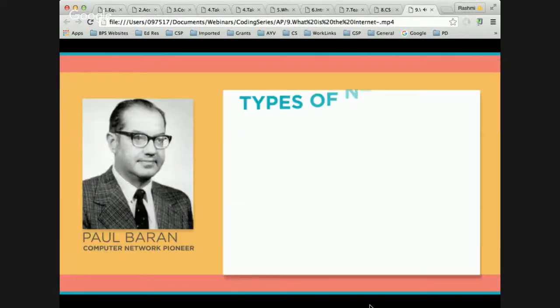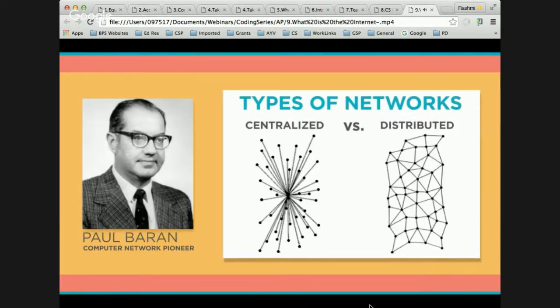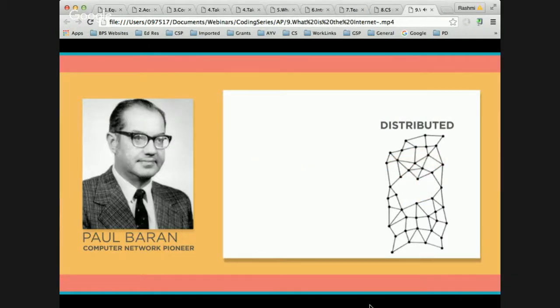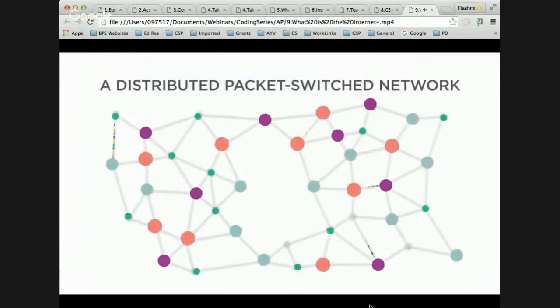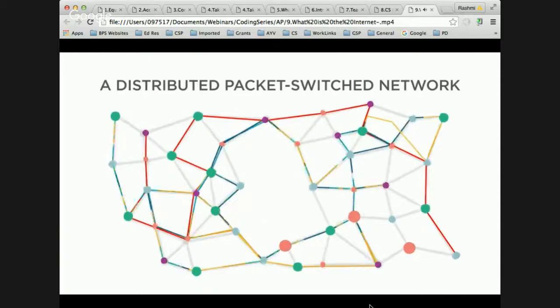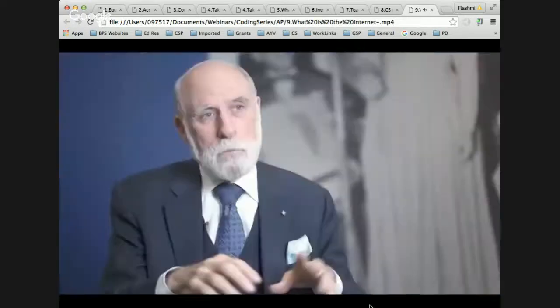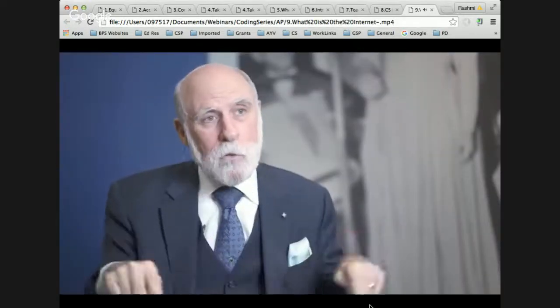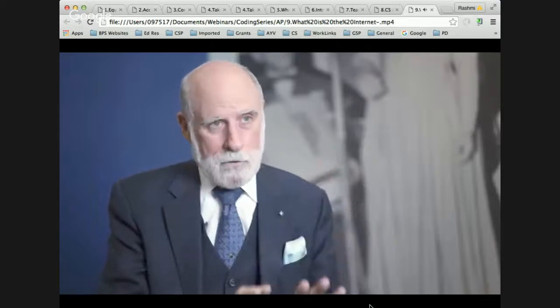Paul Baran was trying to figure out how to build a communication system that might actually survive a nuclear attack. So he had this idea of breaking messages up into blocks and sending them as fast as possible in every possible direction through the mesh network. So we built what eventually became a nationwide experimental packet network, and it worked.